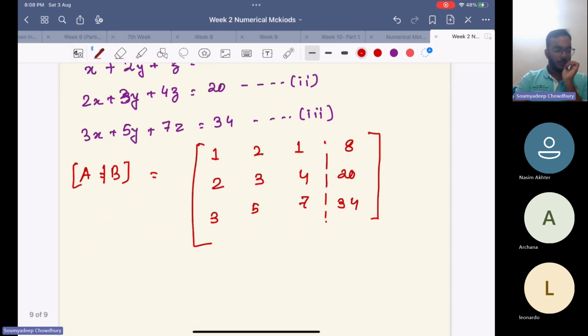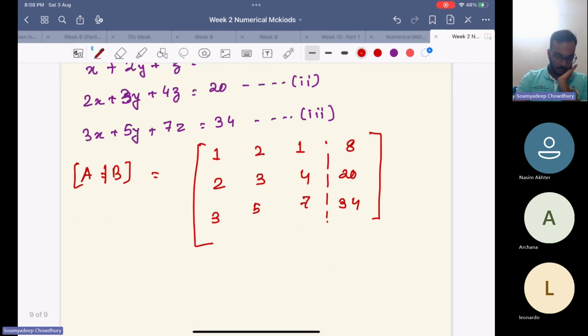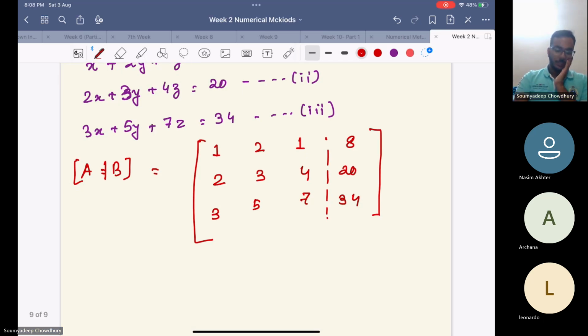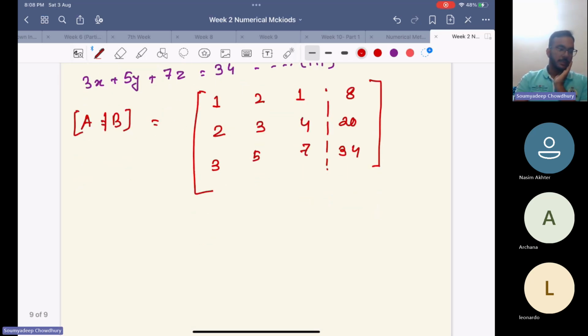Now, what is my aim here? My aim is to convert this matrix to an upper triangular matrix. Do you know what an upper triangular matrix and a lower triangular matrix are? An upper triangular matrix is basically one where all elements below the principal diagonal are 0.